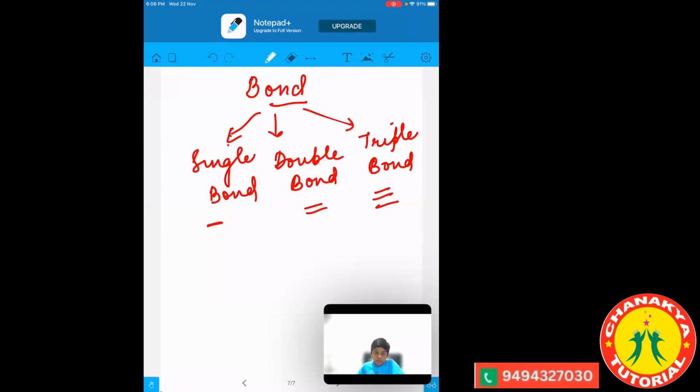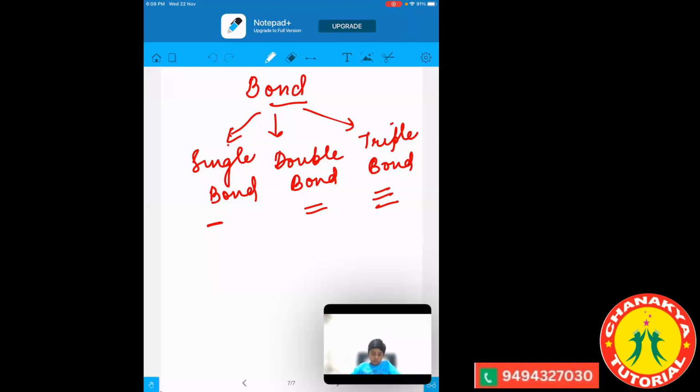Correct. The triple bond is the strongest because it takes time to lose the connection, or we have to heat it very much to break it. And a single bond is the weakest because it can break automatically also.